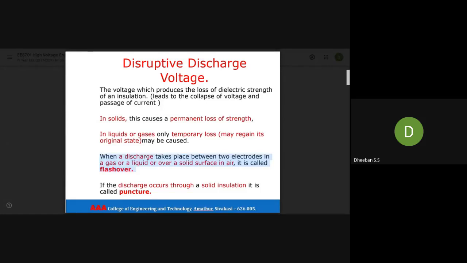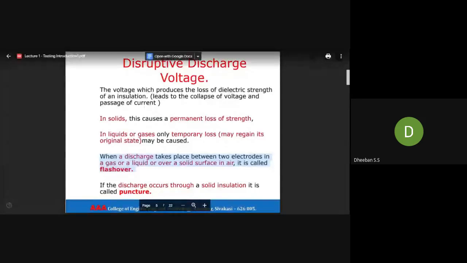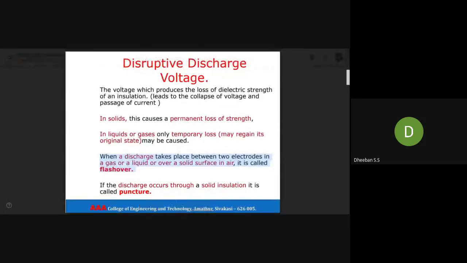If you have two electrodes and you are passing an electric current, there might be some distortion in the medium in between. This medium might cause some discharge through it, and the sudden discharge is called your flashover.